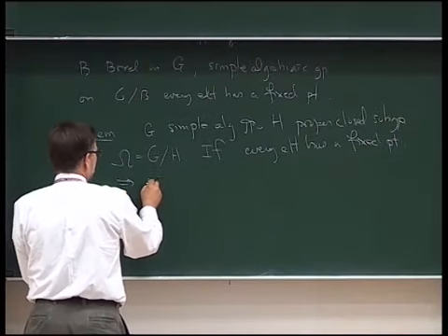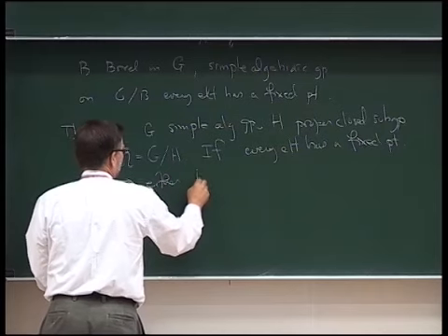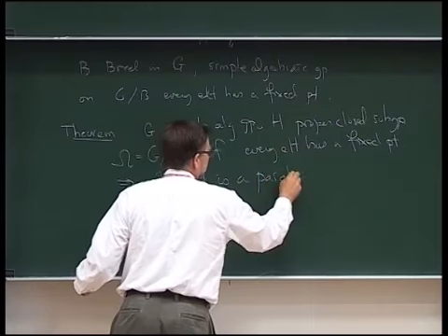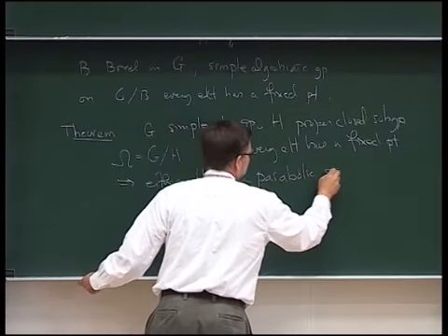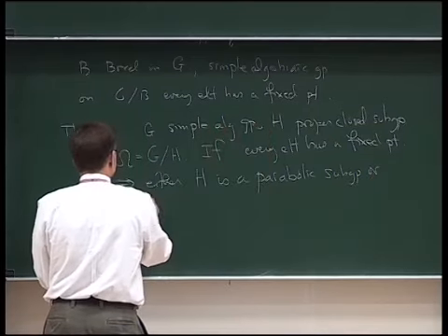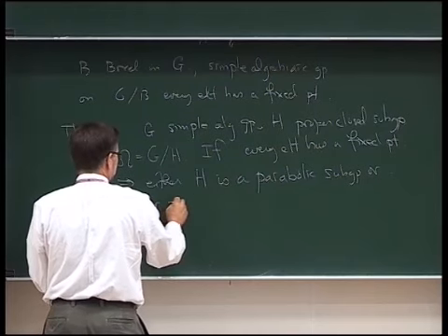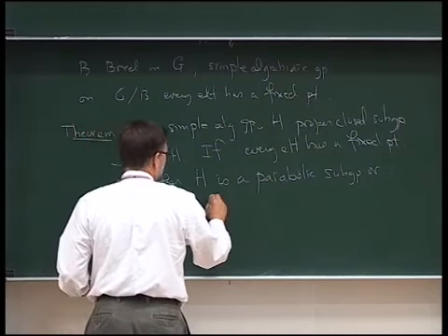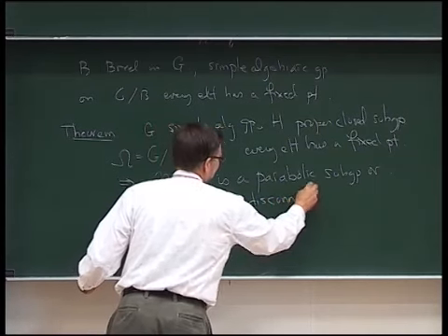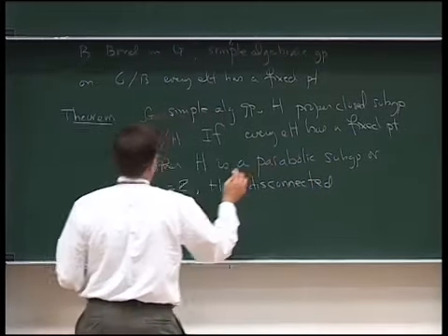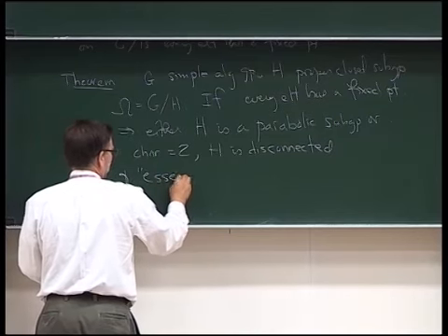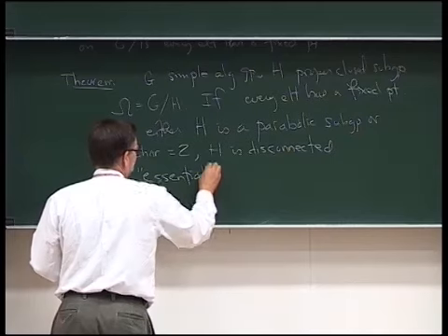this implies that either H is a parabolic subgroup, or the characteristic is 2, H is disconnected, and let me lie slightly here, and let me just say essentially, because one can cook up other examples from this one.